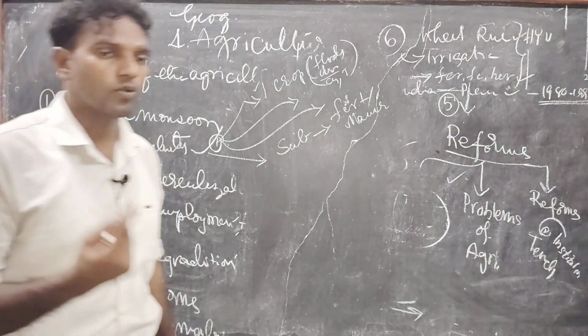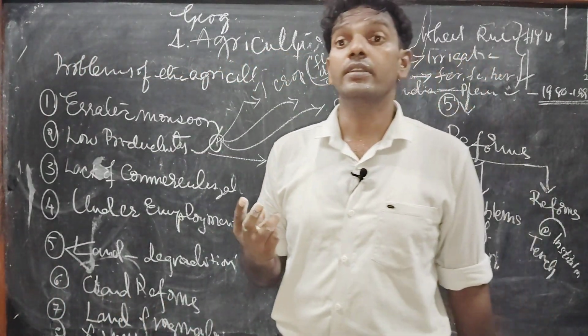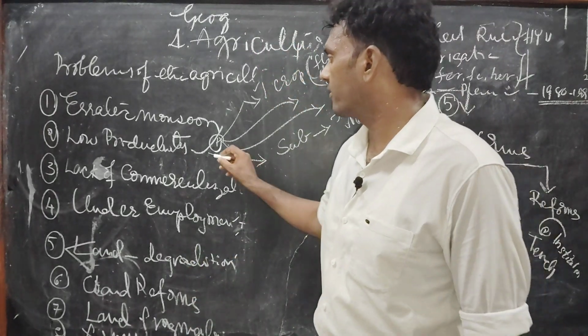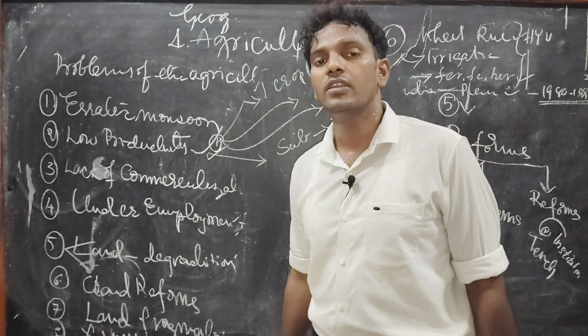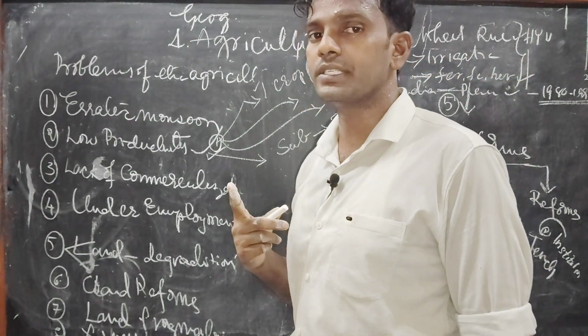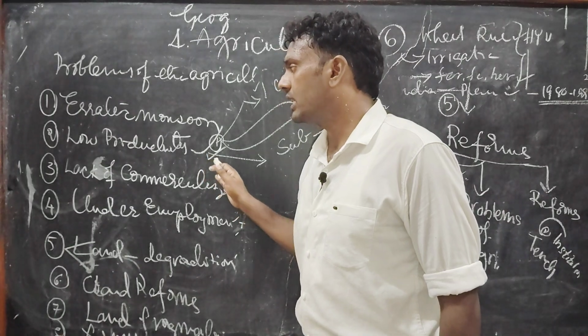What they do? They are providing artificial fertilizers and also best quality seeds. For getting more productivity, we need best quality seeds also. Government is providing best quality seeds, and also best quality pesticides and herbicides.